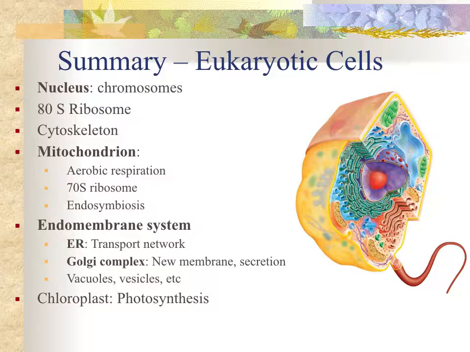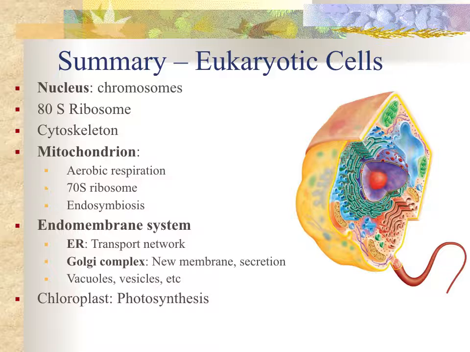So in summary, eukaryotic cells are cells that have a true nucleus. They take care of their DNA inside of that nucleus, where their inherited genetic material, chromosomes, always stay within that nucleus. In their cytoplasm, they contain 80S ribosomes, a cytoskeleton, mitochondria, and usually an endomembrane network.